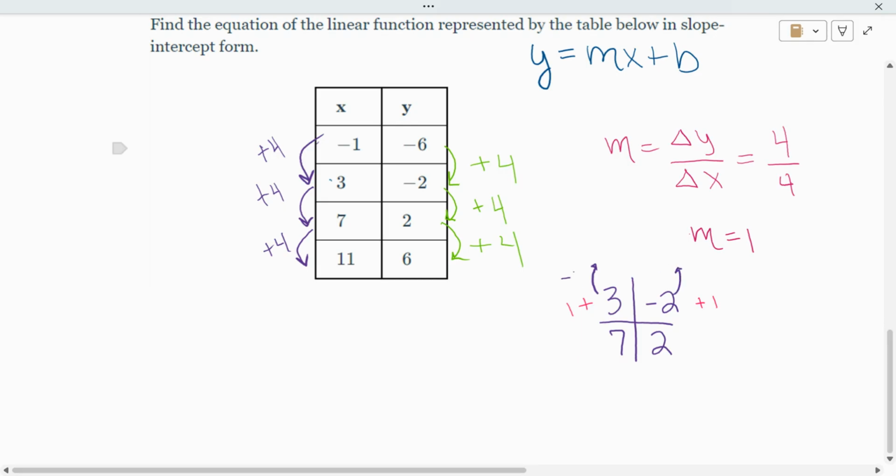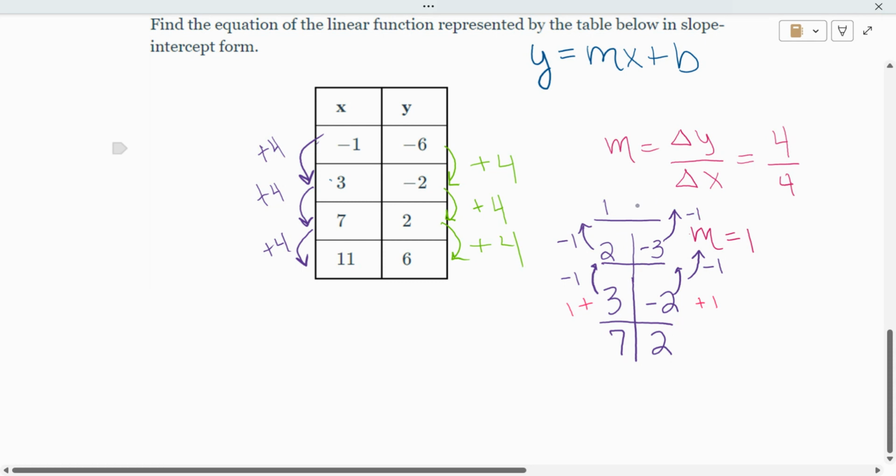So if I were to subtract 1, that would tell me what happens when x is 2. What is my output when x is 2? I have to subtract 1 on the y side. What's -2 minus 1? It's -3. I have to keep going. What if I subtract 1 on the x side? That gives me an input of 1, but then I have to subtract 1 on the y side.